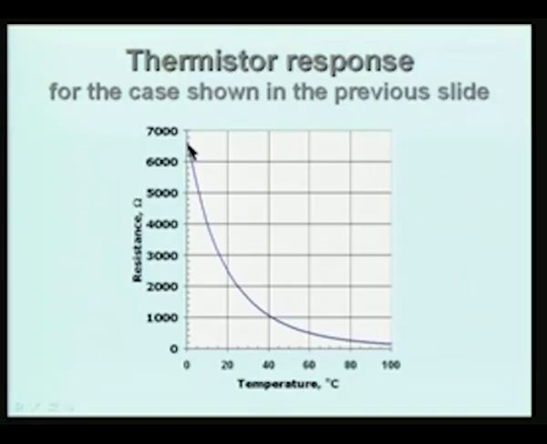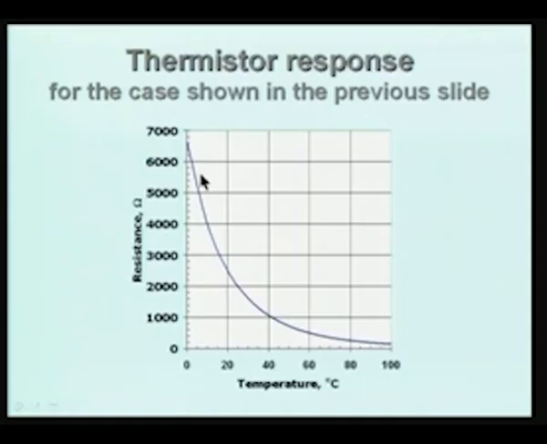So, the value is 6600 or some value close to that, and at 70 degrees you see it is already very low, and it has become 1 kilo ohm around 40 degrees, and at 25 degrees it is exactly equal to 2000 or 2 kilo ohms, as I indicated earlier.